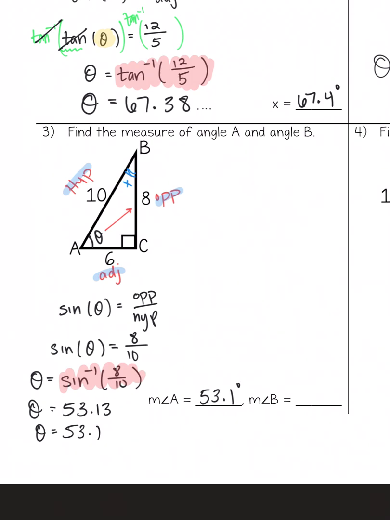But instead of doing that, I know all 3 angles in this triangle have to add up to 180 degrees. So I have a 90-degree angle here. I have my 53-degree angle, well, 53.1 degree angle at angle A. To find angle B, well, I just have to subtract those from 180.